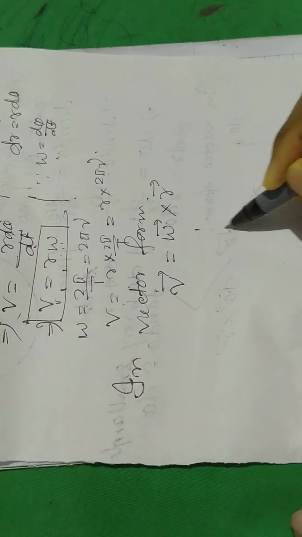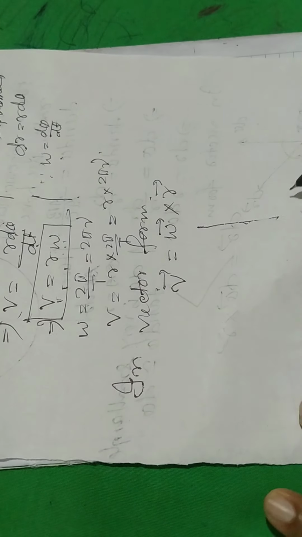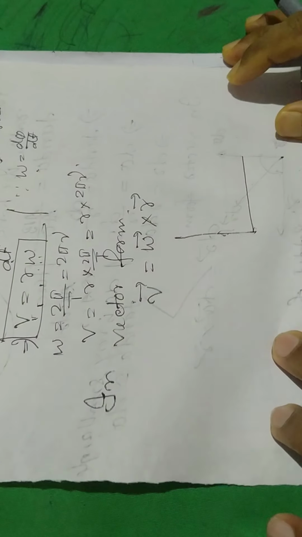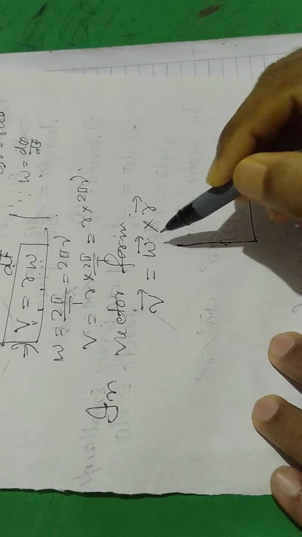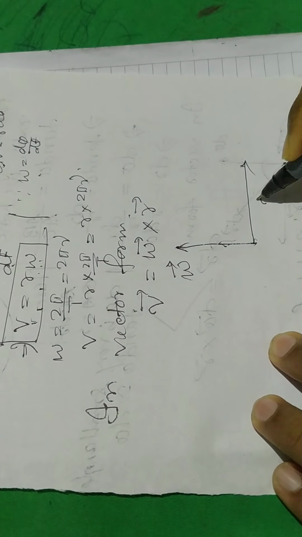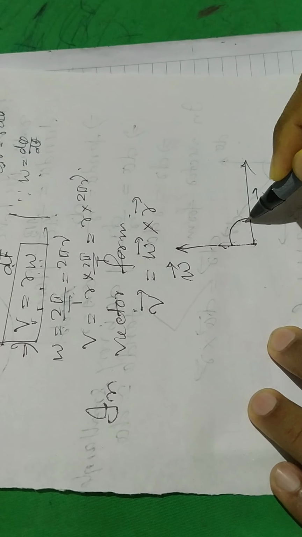If you draw the diagram, omega and r, rotate from omega to r.